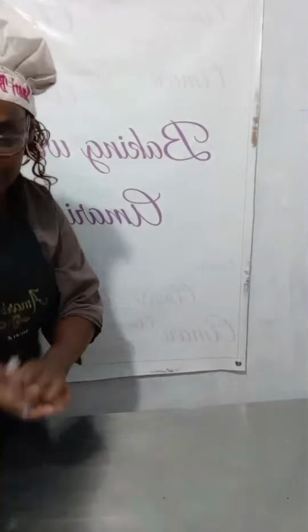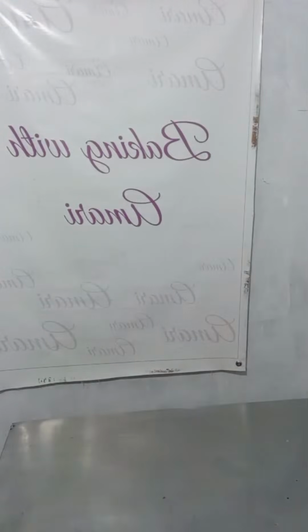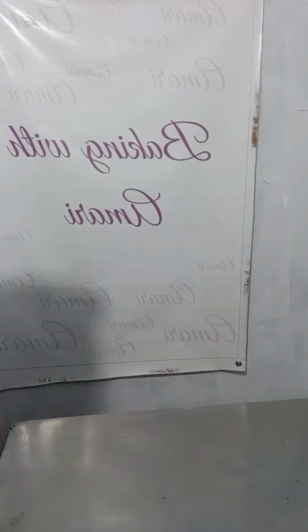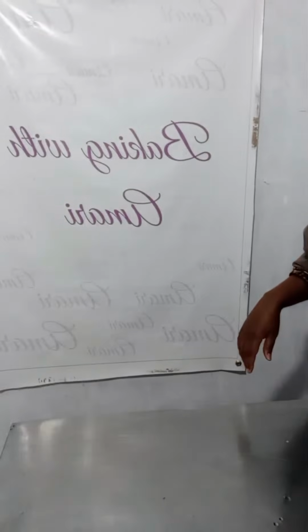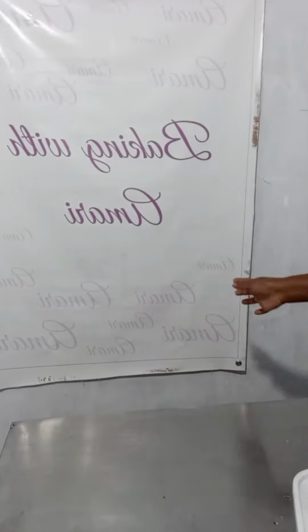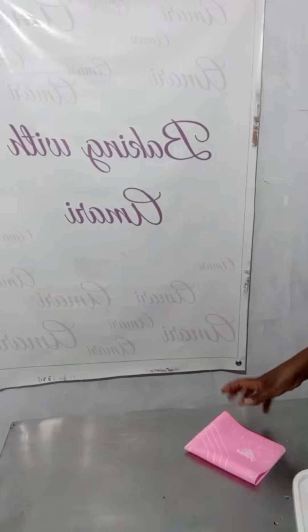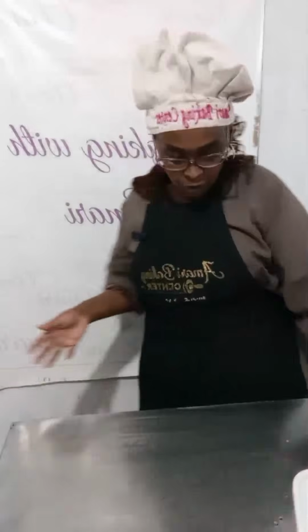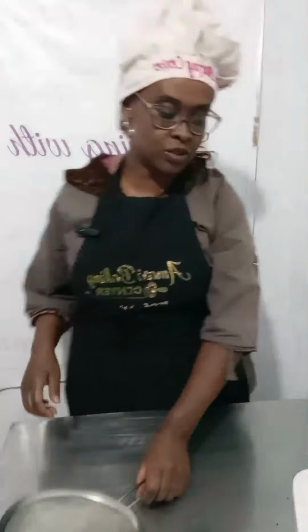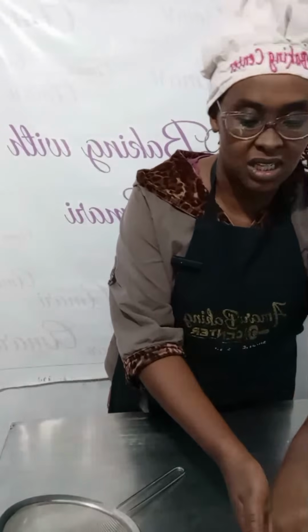Okay. So if I'm kneading my fondant, what I need is the fondant itself and some icing sugar. You can use a mat if you feel like, if you don't have a steel or metal table, but I don't think I'll be using it.